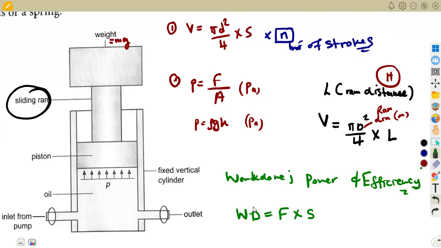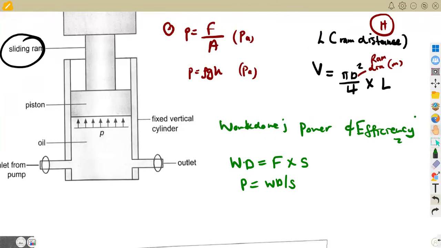If you want power, I said power is simply work done per second. So it means power is the work done over time, the work done per second. Remember, power is work done per second.